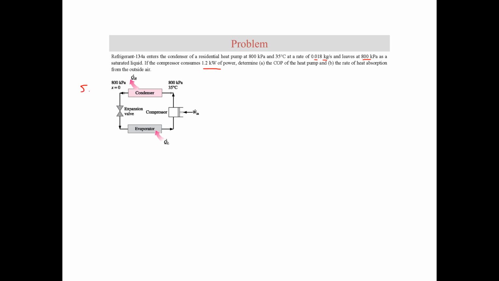So we have here the schematic, which is already done for us, and we can go ahead and draw some assumptions, starting with the fact that this is a steady flow problem. The problem is asking for us to determine the coefficient of performance.